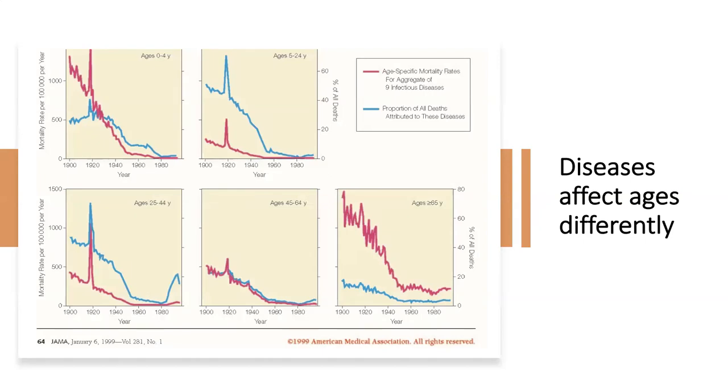People, depending on the disease, have been affected quite differently, right? So some diseases have affected really young people. Other diseases affect really old people. It seems that with some of the more common diseases, if you're very young or very old, it tends to be more likely to affect you.